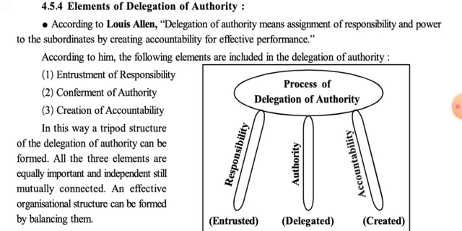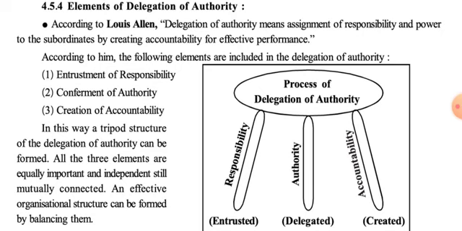Now, Louis Allen says that it means assignment of responsibility. It means for the accomplishment of any particular task, first of all we have to find out the areas or the person to whom we can assign the particular responsibility. Along with responsibility, we have to assign the power to that person, or we can say to the subordinate, to complete the work by creating accountability. Accountability means answerability.